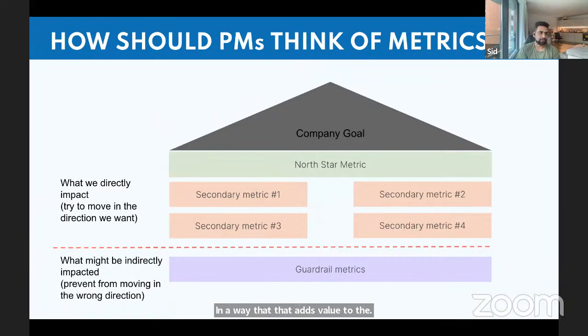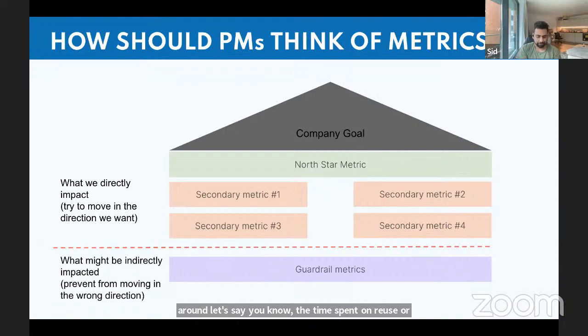So just to give you an example, when we think of Instagram or Meta as a parent company, their higher level vision is connecting people, allowing them to create communities, etc. Now that is the company goal, right? But when you're thinking of Instagram Reels, your metric will be more around, let's say, the time spent on Reels or number of Reels interacted with and things like that.